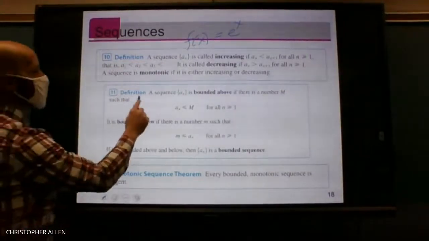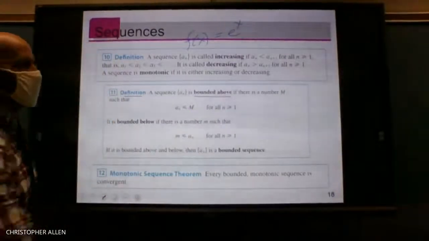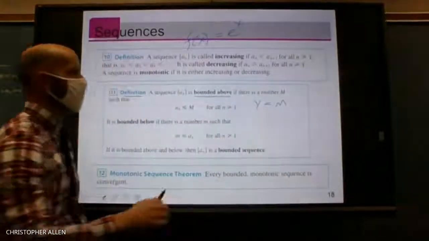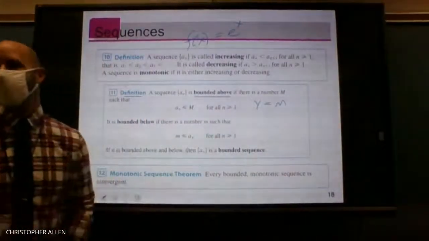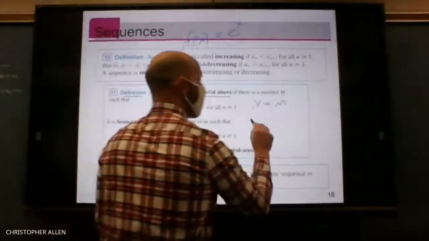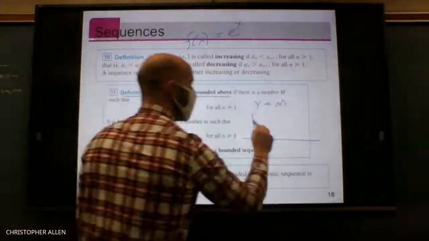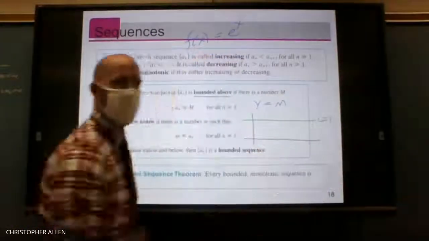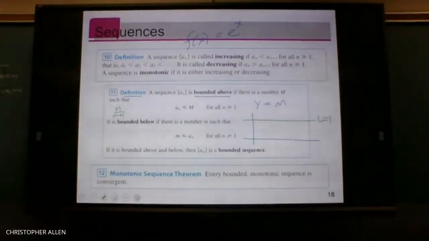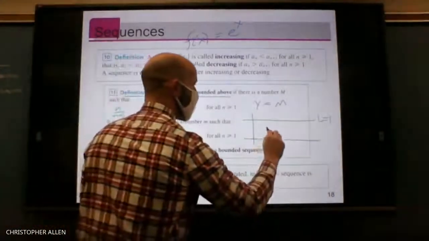So here's a definition. A sequence is called bounded above if there's some y value I'll call m that the sequence never gets above. If you remember earlier, we had a problem, I think it was that very first one that we did. Do you guys remember that one? I think it was the n over n plus 1 problem. When we graphed the values, it kind of got closer and closer.